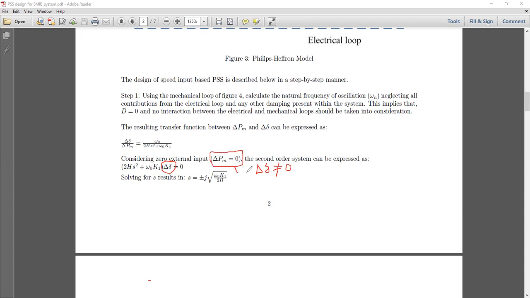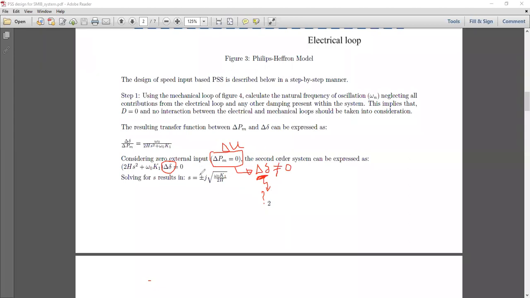But at the same time, we cannot assume del delta equals zero. Why? What is actually del delta? Del PM is input, that is fine, no problem. But what is del delta? X. Sorry? X. State variable. State variable, excellent.